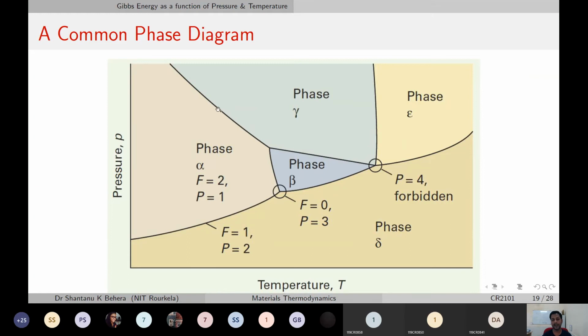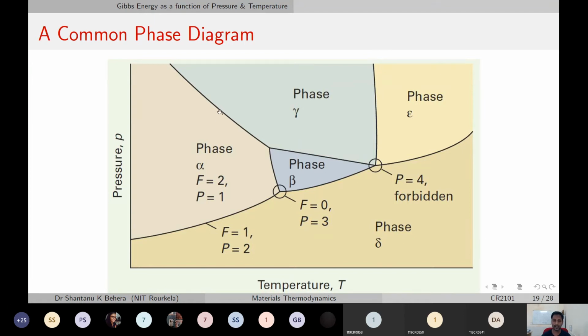That means when we are at this point, the alpha phase and the gamma phase are in equilibrium. If you talk about the molar free energy of each of these phases, here is where the molar free energy of alpha and the molar free energy of gamma are the same.